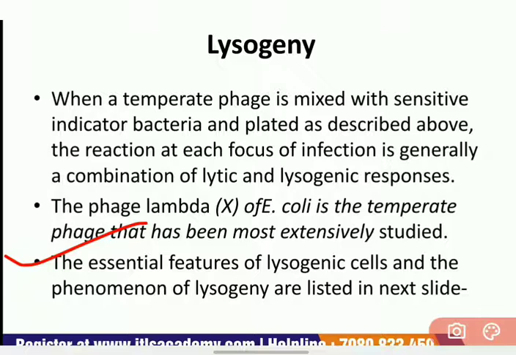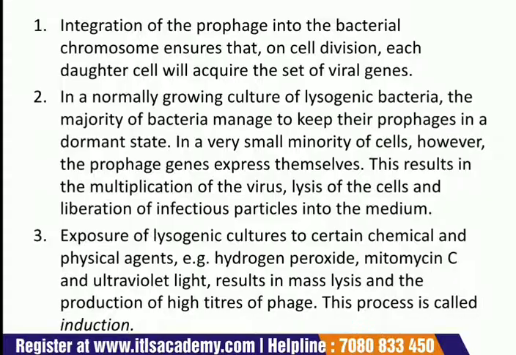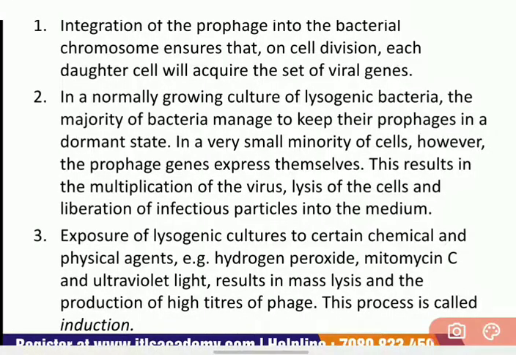The essential features of lysogenic cells and the phenomena of lysogeny are listed in the next slide. First of all, integration of the prophage into the bacterial chromosome ensures that on cell division, each daughter cell will acquire the set of viral genes.